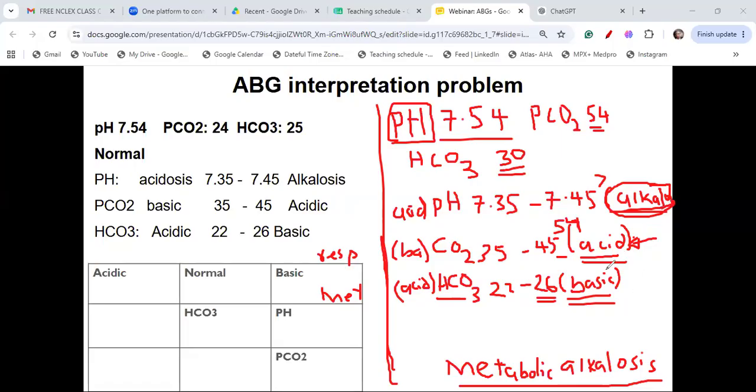So whenever you're looking for the other two that are remaining, they must be basic. CO2 is acidic, it does not match this. Whatever is matching is the bicarbonate, which is basic. So alkalosis is another name for basic. Okay? Alkalosis or basic. So you look for something that is matching this pH.